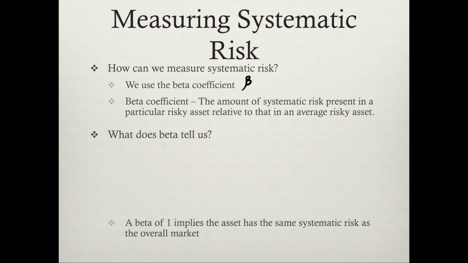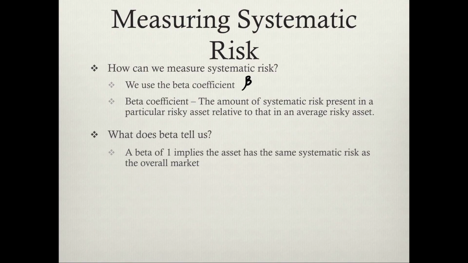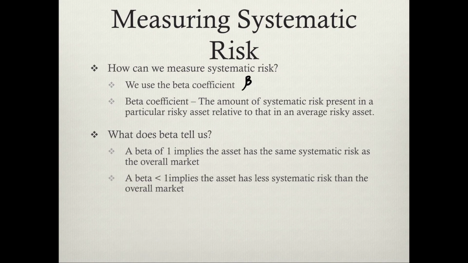So what does beta tell us? If we have a beta of 1, it implies that the asset has the same systematic risk as the overall market. So it tends to move in the same direction as the market. So if the market increases 1%, it also increases 1% on average. If the market goes down 1%, it also goes down. It has the same amount of risk as the market as a whole. Now, if a beta is less than 1, for a particular security, that asset has less systematic risk than the overall market.